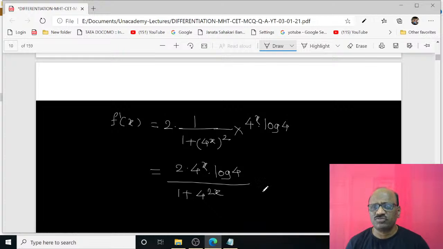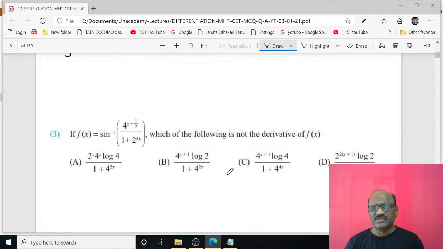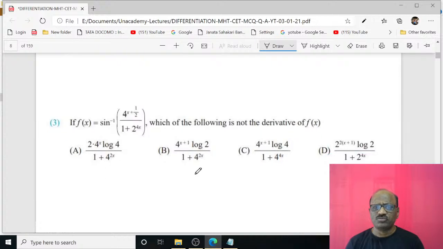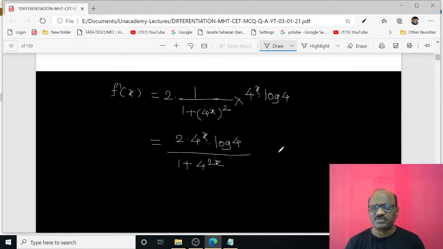That is 2 into 4 raised to x into log of 4 upon 1 plus 4 raised to 2x. Which option is this? This is the first option, option number A.